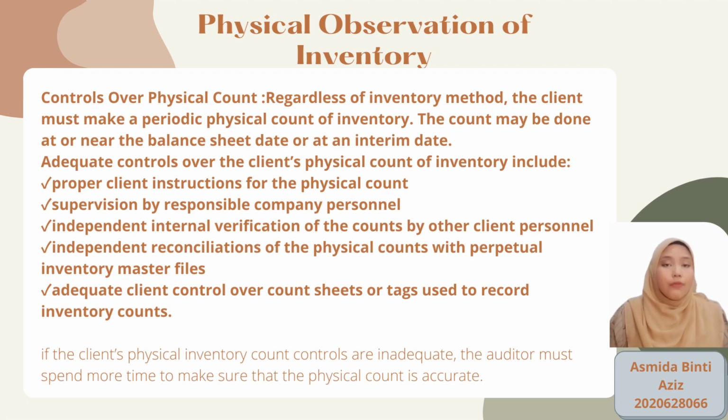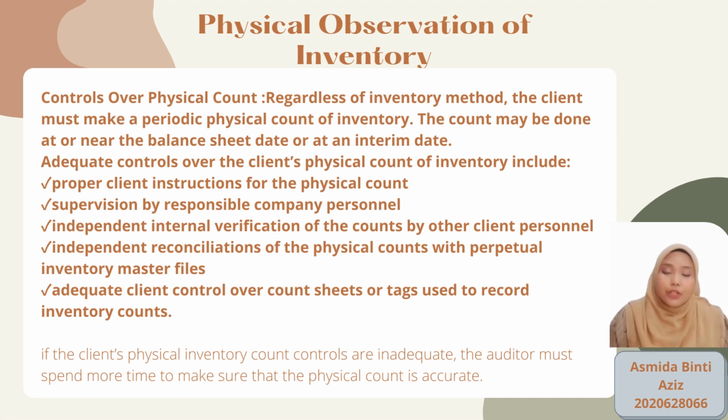For controls over physical count, regardless of the inventory method, the client must make a periodic physical count of inventory. The count may be done at or near the balance sheet date or at an interim date. Adequate control over the client's physical count of inventory includes: first, proper client instructions for the physical count.